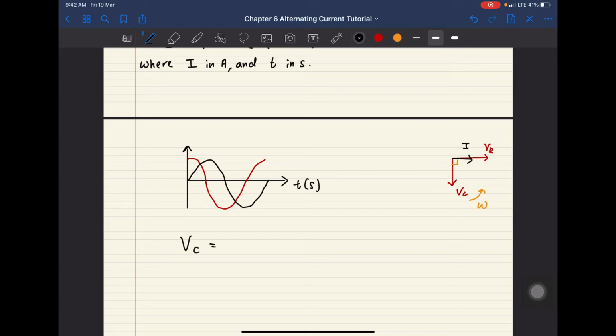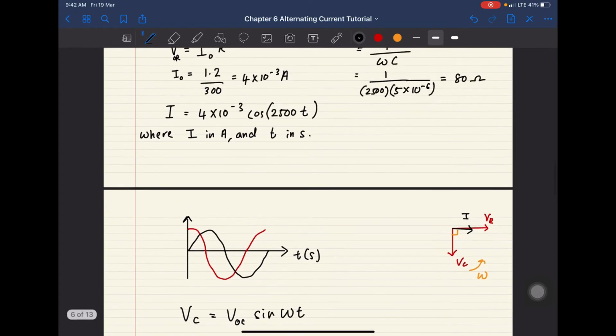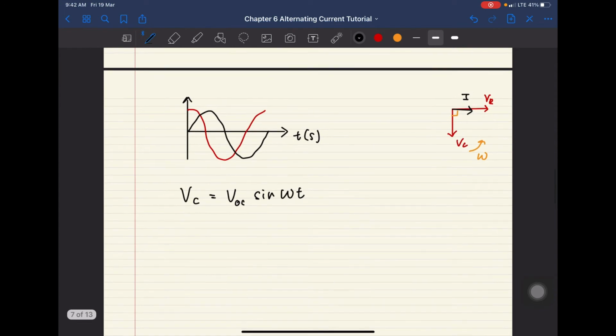VC equals V naught C sine omega t. So V naught C means the V naught across the capacitance. So I can use V naught C equals I naught C XC. Okay, so all of these are actually across the capacitance, but the I naught C is equal to I RMS.